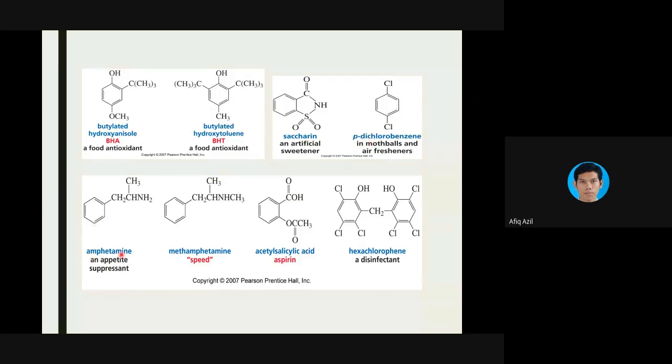And we also have this amphetamine, also another type of appetite suppressant. Then we have methamphetamine, speed, which is sometimes also used as a recreational drug. Methamphetamine, amphetamine, this also sometimes used as recreational drug.